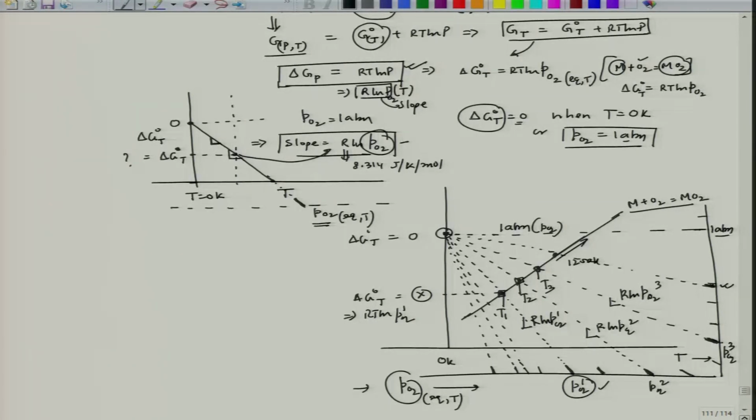Why is it so? Because this particular equation is valid here also, and it comes from the very assumption that one pressure is considered to be 1 atmosphere. This particular line is nothing but 1 atmosphere pressure.